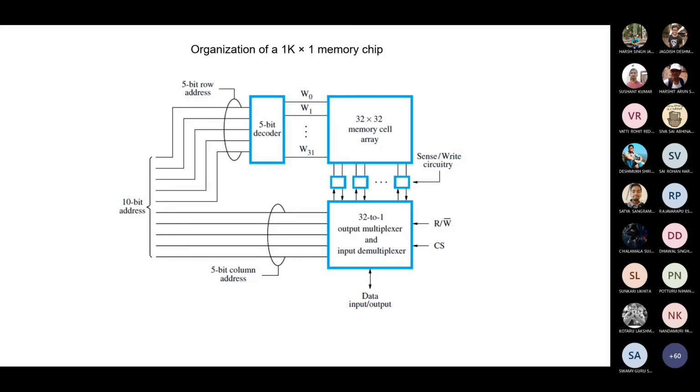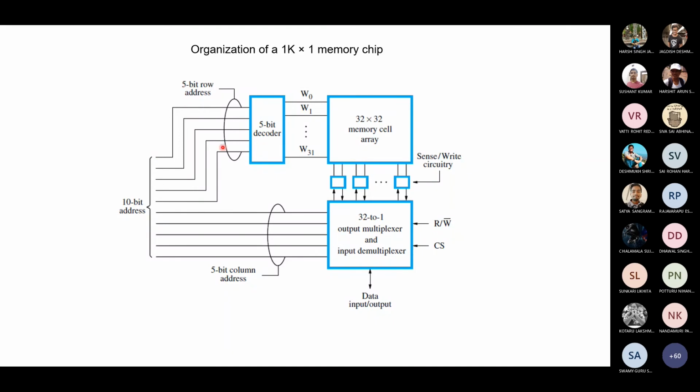Now how does it work? Instead of using a 2 to the power 10 decoder, what is it using? It is using a 5-bit decoder. Now the 10-bit address lines are divided into two parts.